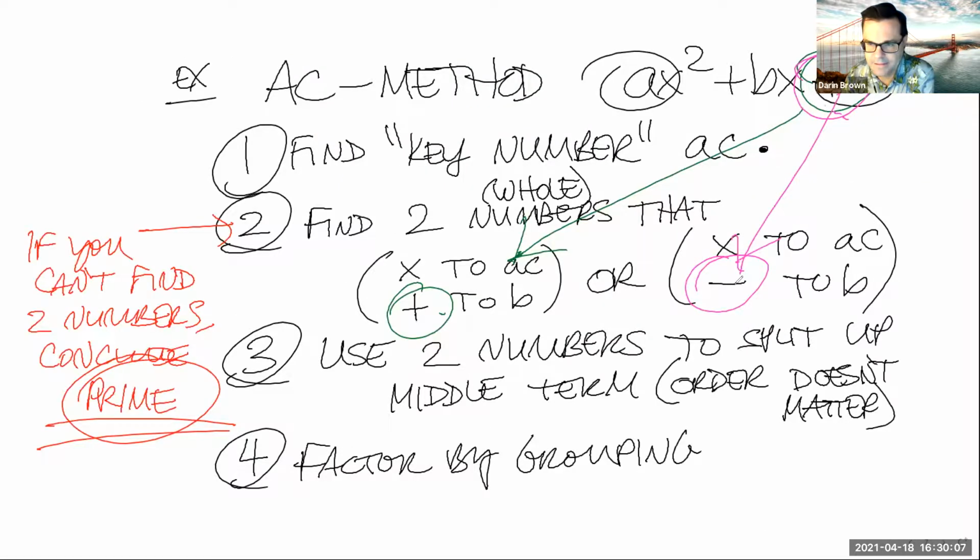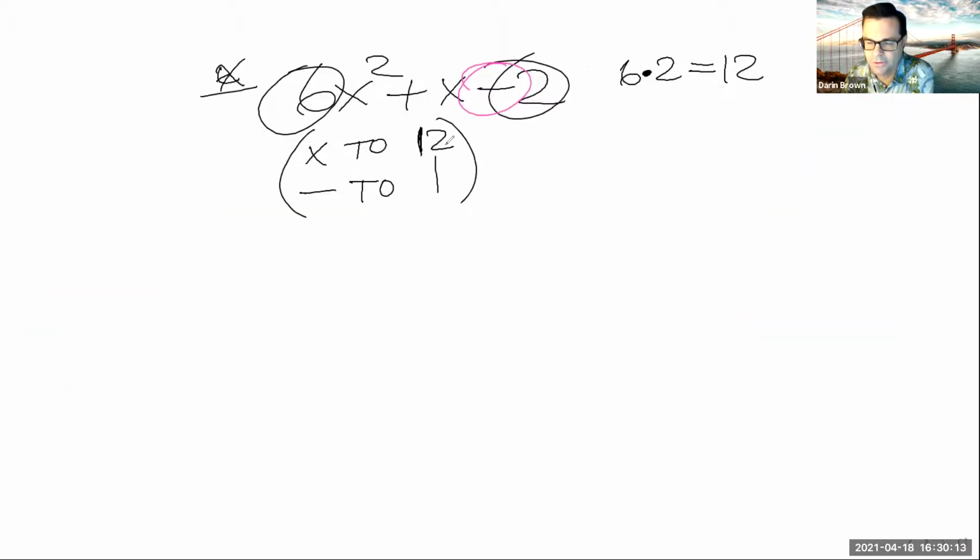Multiply to AC and then either add or subtract to B. The reason I like this better is you're always working with whole numbers. Otherwise you have to think, well, they multiply to positive 12, multiply to negative 12, but add to positive. You just have to constantly be thinking in terms of signed numbers. And to me, it's just more cognitive burden versus just thinking about whole numbers. So multiply to 12, subtract to 1.